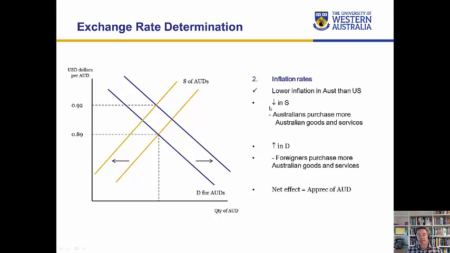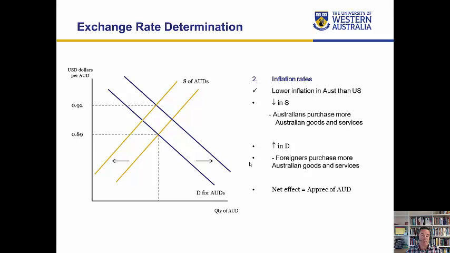Actually, with this example of inflation rates, this is mainly going to act on goods and services, not assets. So I'm just correcting something I said previously. So we will have geographically a shift in consumption patterns from foreign goods and services to domestic goods and services.